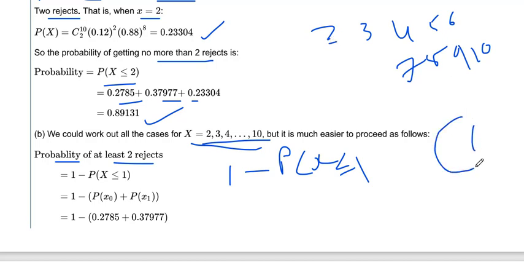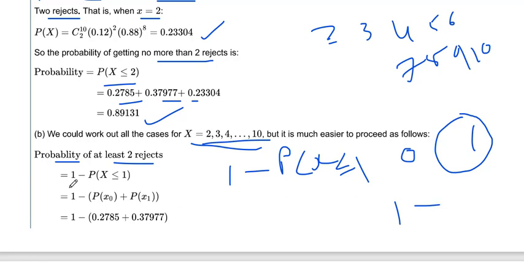If we find the probability of 0 rejections and 1 rejection and subtract that from 1, we get the probability of at least 2 rejects.